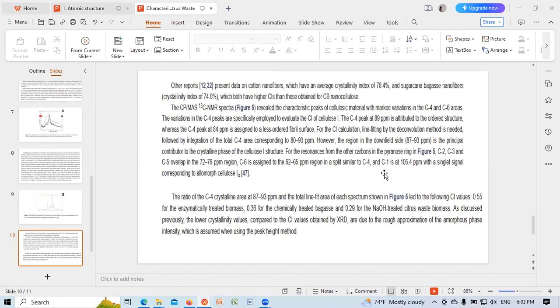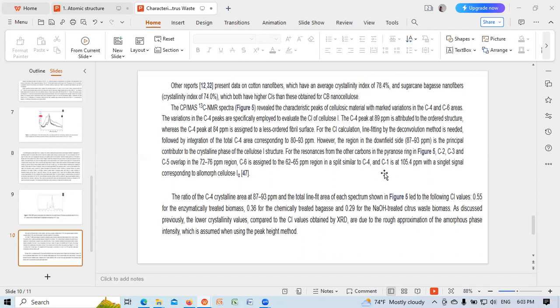The C4 peak at 89 ppm is attributed to ordered structure, whereas the C4 peak at 84 ppm is assigned to a less ordered fibril surface. Integration of the total C4 area corresponds to 80 to 93 ppm. The downfield region of 87 to 93 ppm is the principal contributor to the crystalline phase of the cellulose structure.